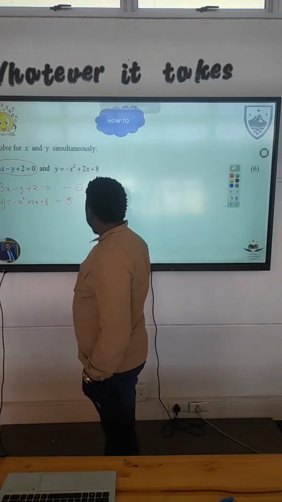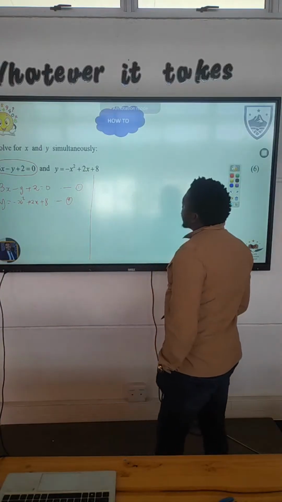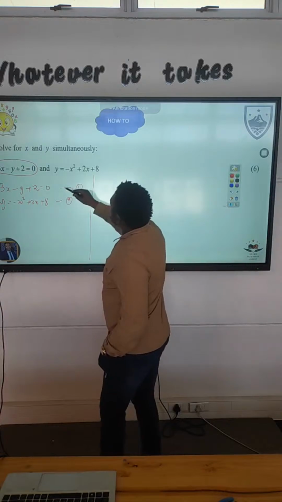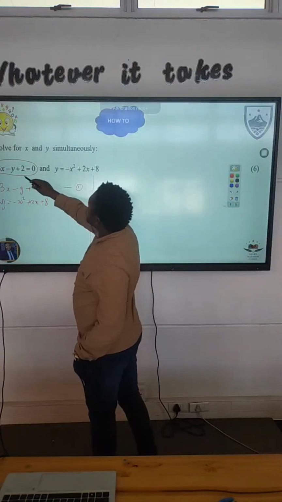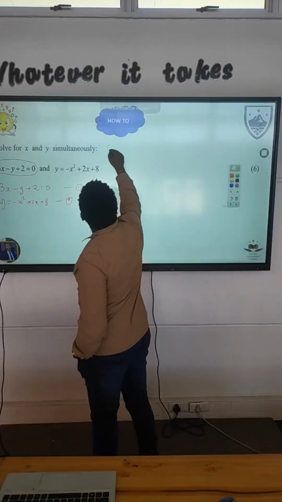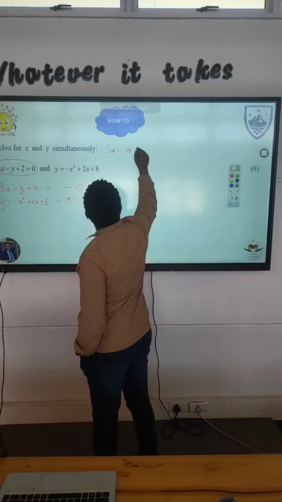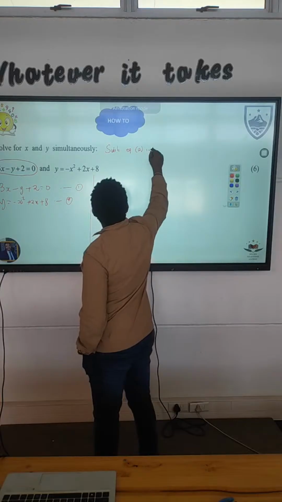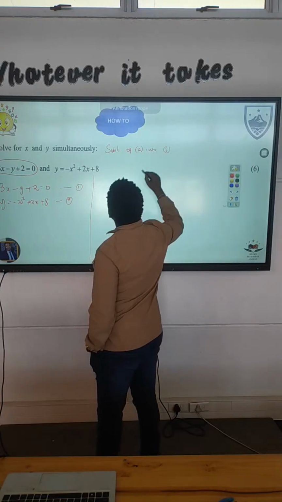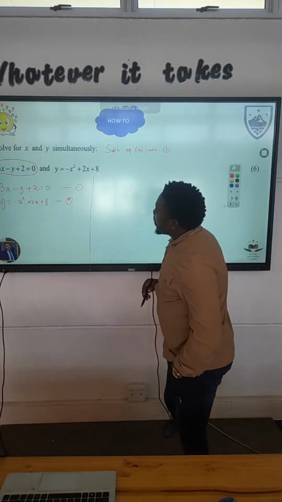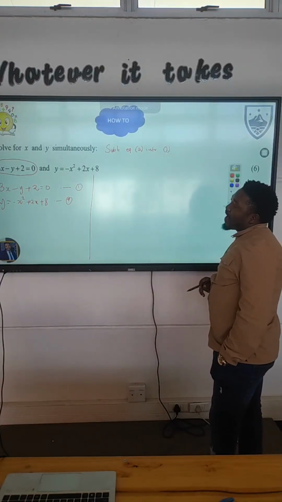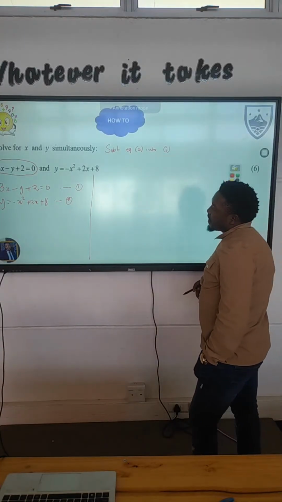Right, because I already have y as the subject of the formula, I'm going to substitute equation 2 into 1. Wherever I see y, I put negative x squared plus 2x plus 8.